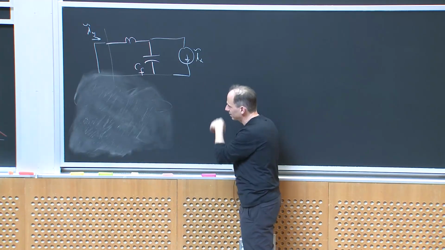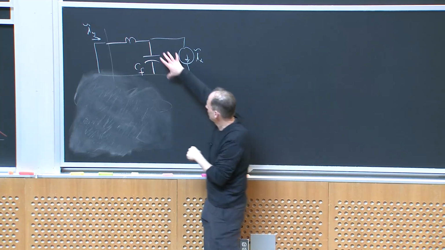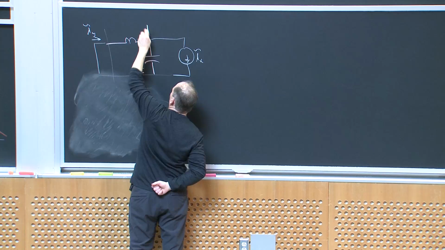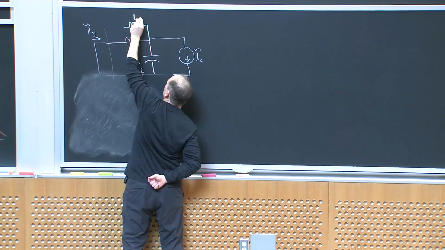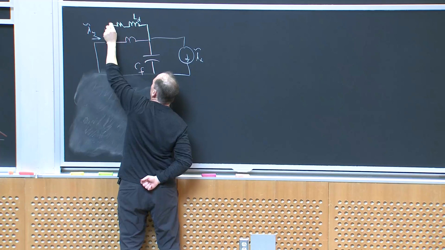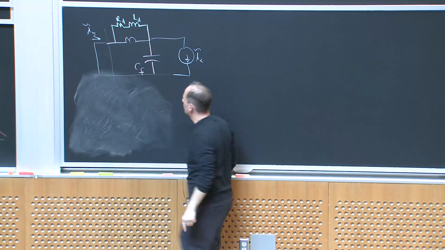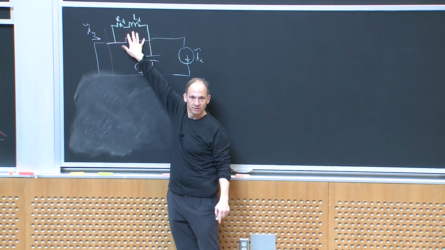I could come back to this and say, you know what, instead of using a shunt damping leg like that, in parallel with CF, maybe I could get a damping leg like this. I could have LD and RD here. To the extent that this is a short circuit, this now also gives me parallel damping. Okay?